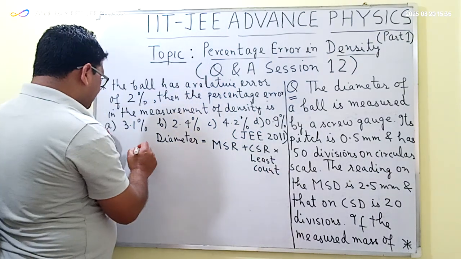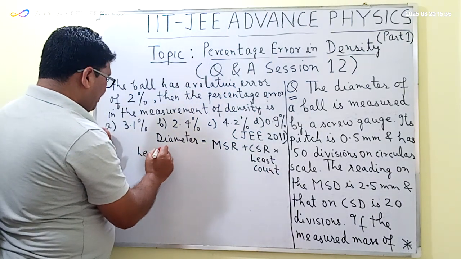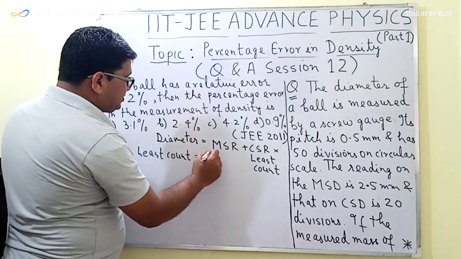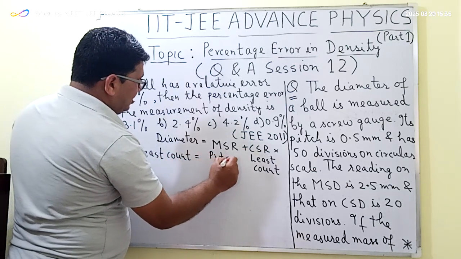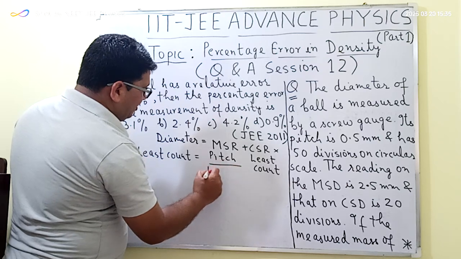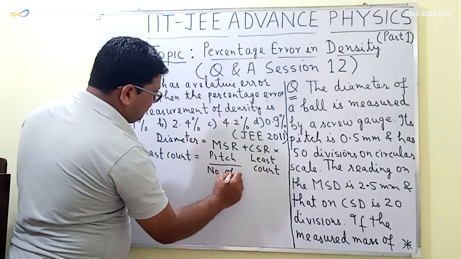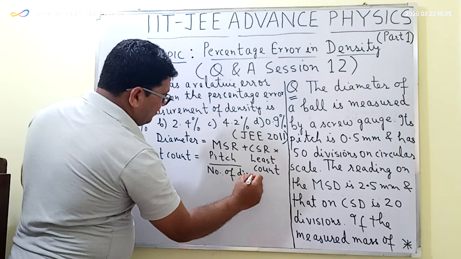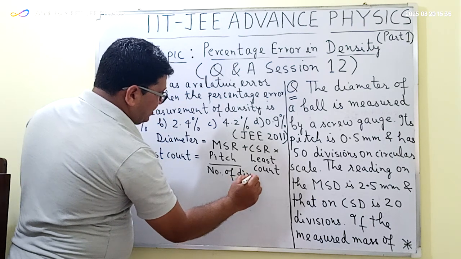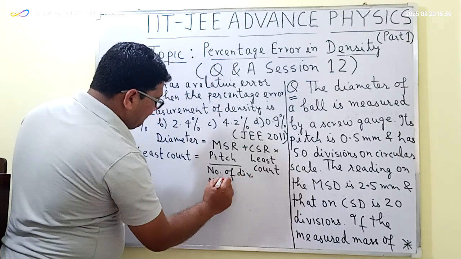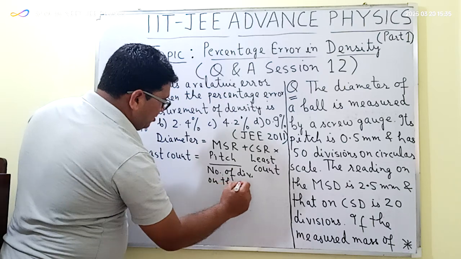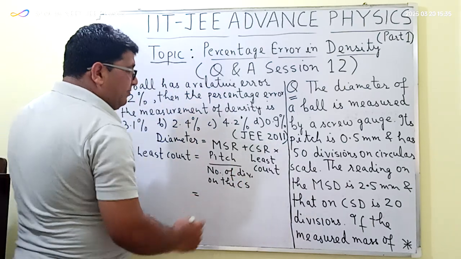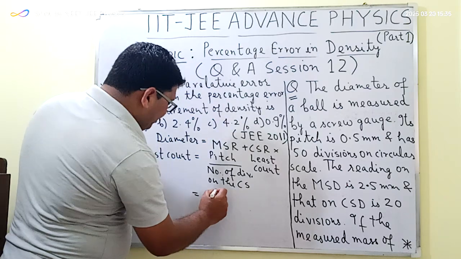So the least count of the screw gauge is equal to pitch divided by the number of divisions on the circular scale. Pitch is given to us as 0.5 mm.